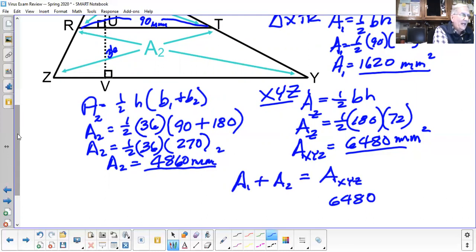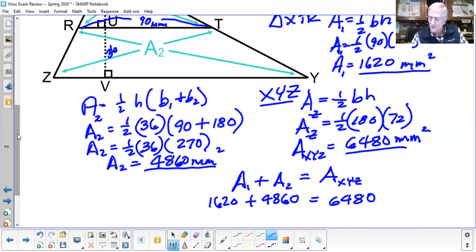So I'm going to add area 1, 1620, plus area 2, 4860. Do I get 6480? Well, if I take 1620 and add 4860, I do get 6480.